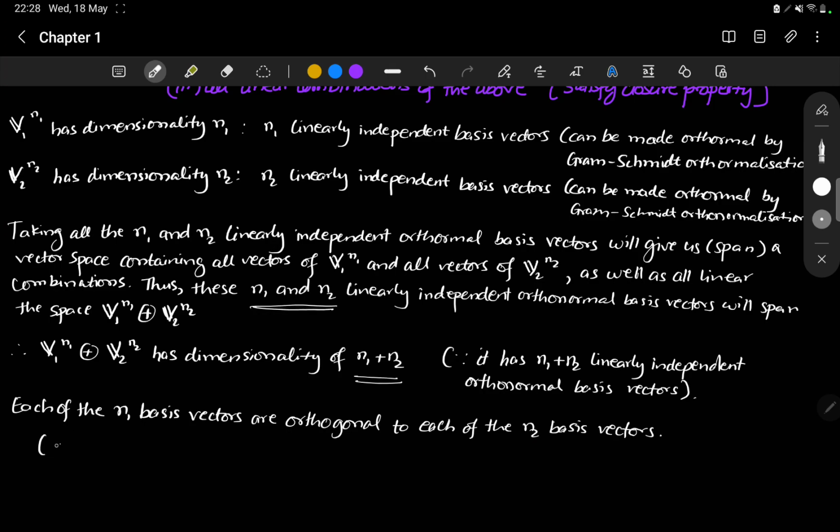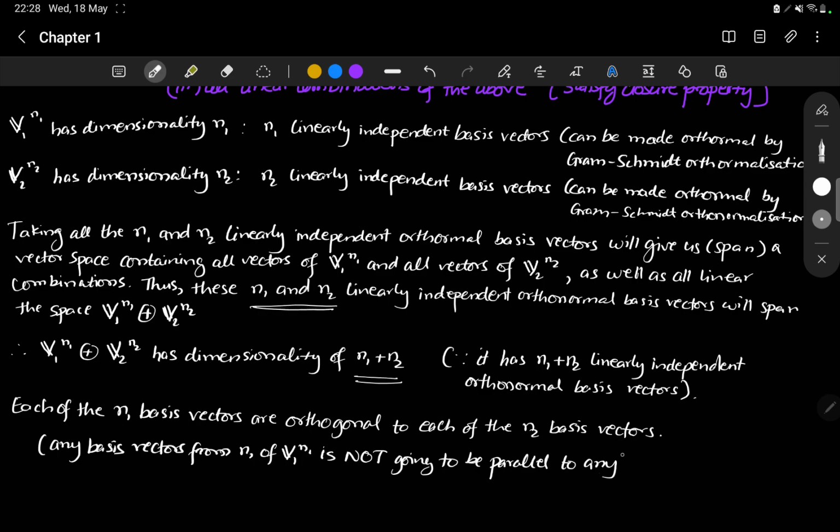So any basis vector from the N1 of V1 N1 is not going to be parallel to any basis vector from the N2 basis vectors of V2 N2.